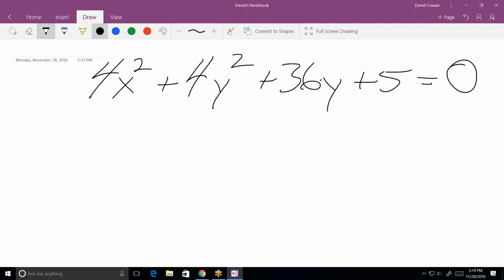If they're different, it's an ellipse. If this was anything other than a 4, this would be an ellipse. So that's the other thing about circles, the coefficients of the x squared and the y squared are always the same. Now, if I gather, I only have one of those.